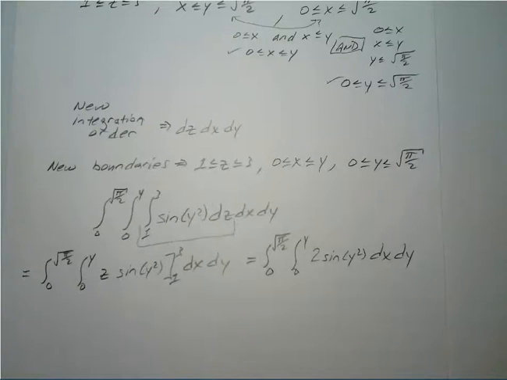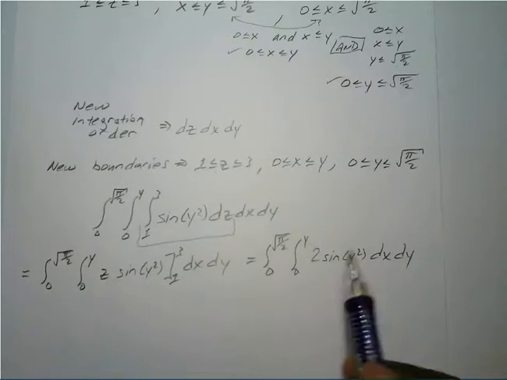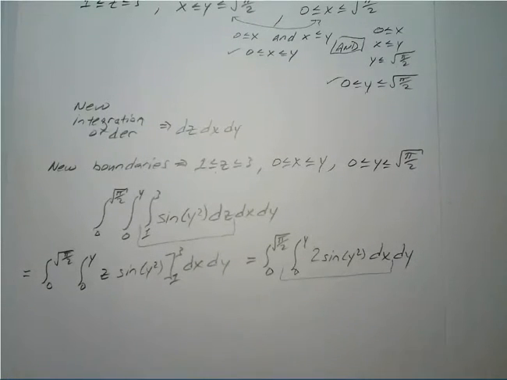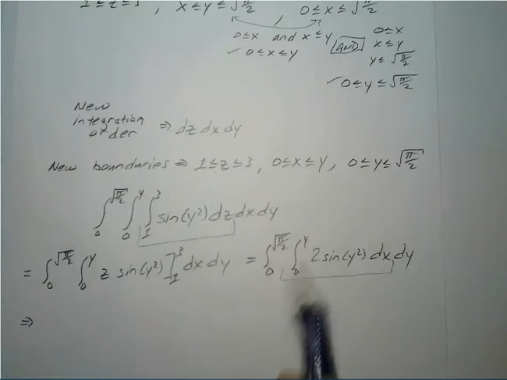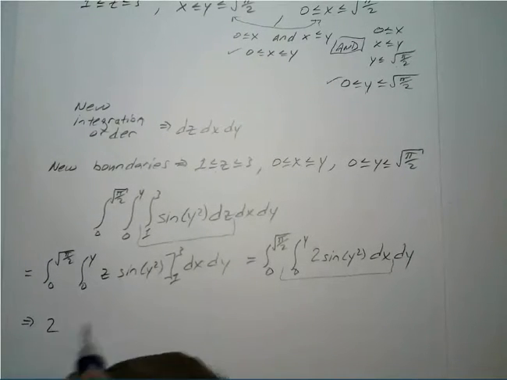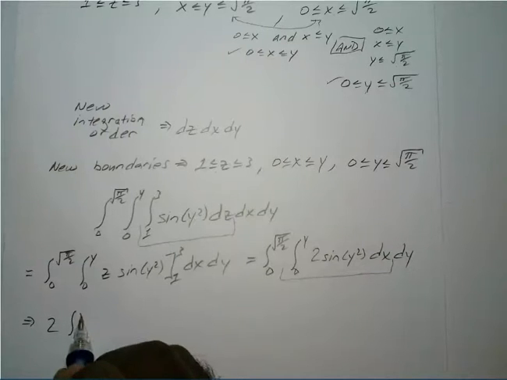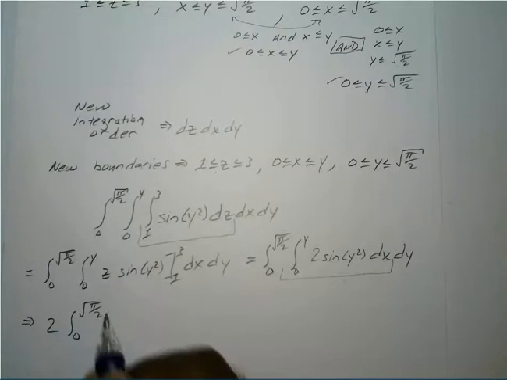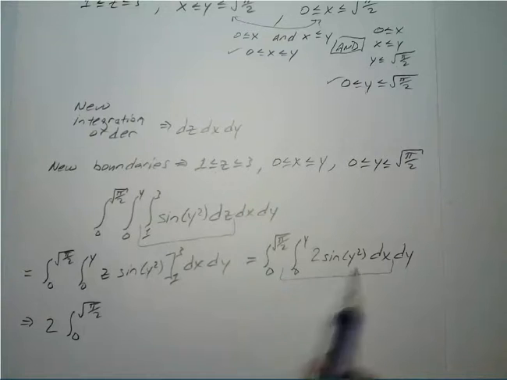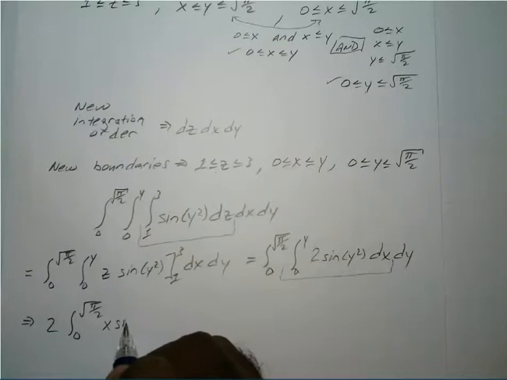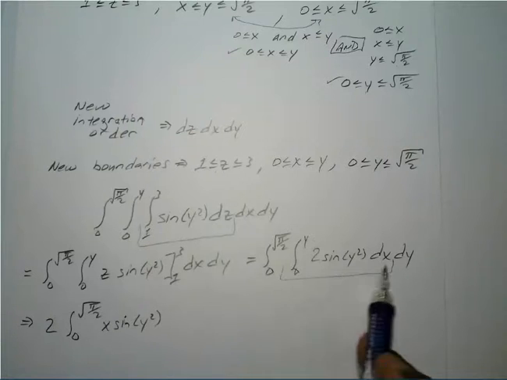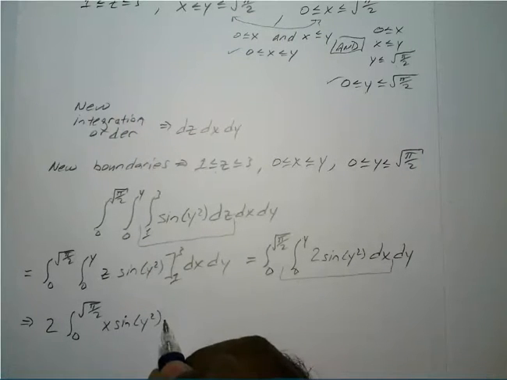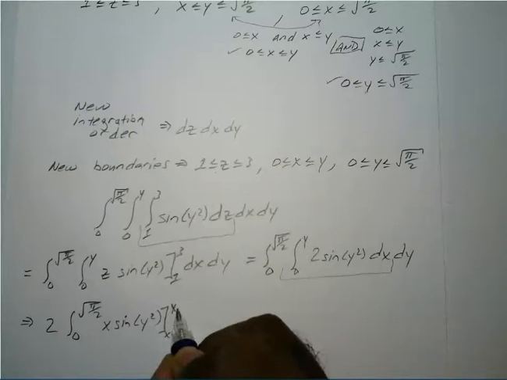Alright, so just like we did with the z, we integrate this with respect to x. And we can go ahead and just bring the 2 out. So we have 2 times the integral from 0 to square root of pi over 2. That would be x sine y squared, and that would go from x equals 0 to x equals y.